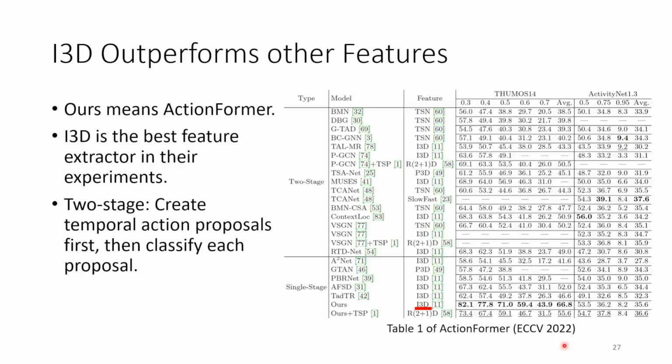I have a question: why are they using two-stage or single-stage? Is it just that the training time is different, or why do they separate it into two stages? Okay. Because it's very intuitive.